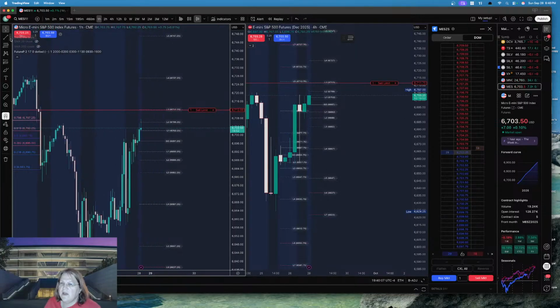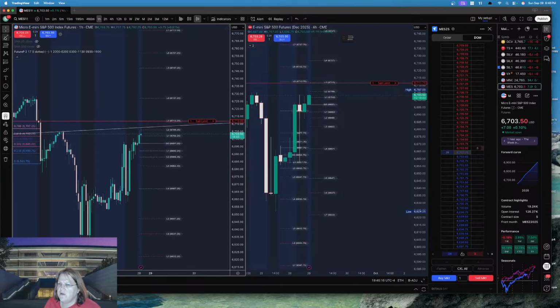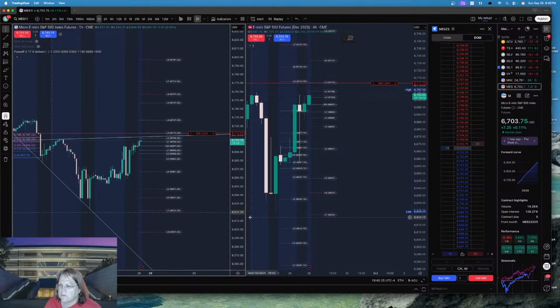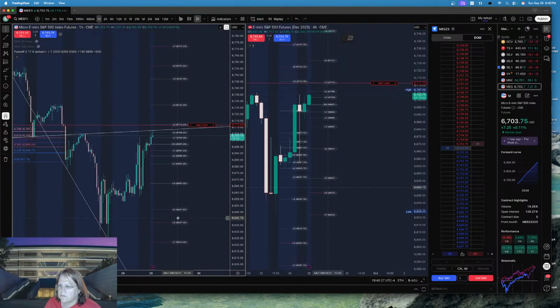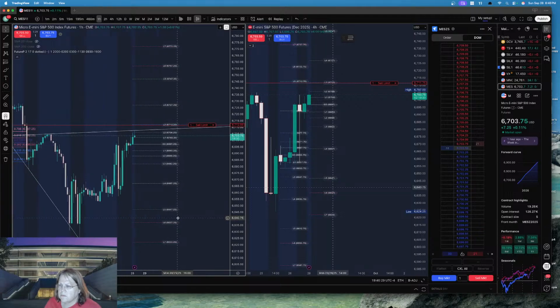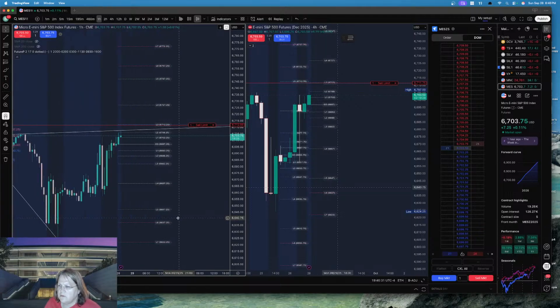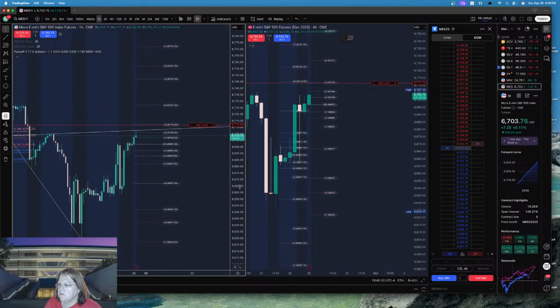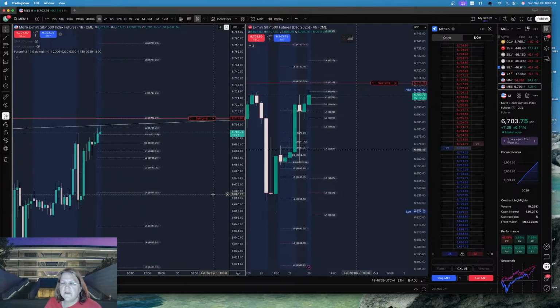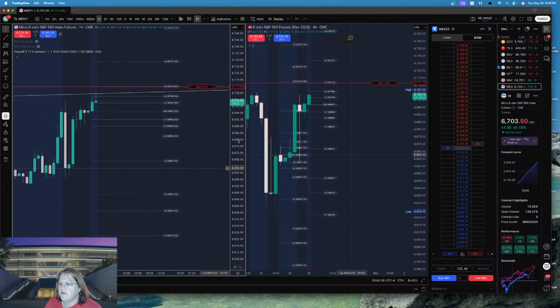And if they TTO'd right here, which is possible, they could have just did a TTO in this broadening formation here. Very possible. So I'm definitely going to watch how this hour closes right here.